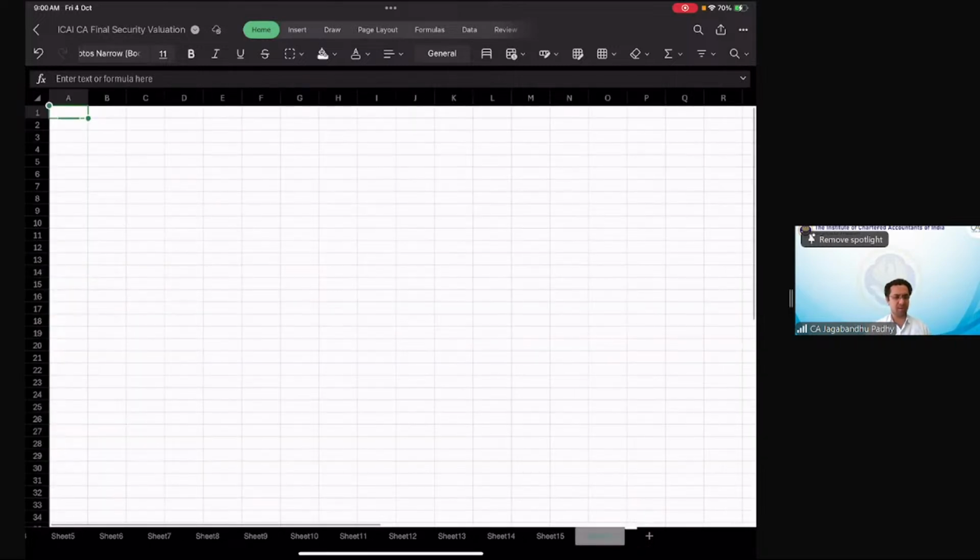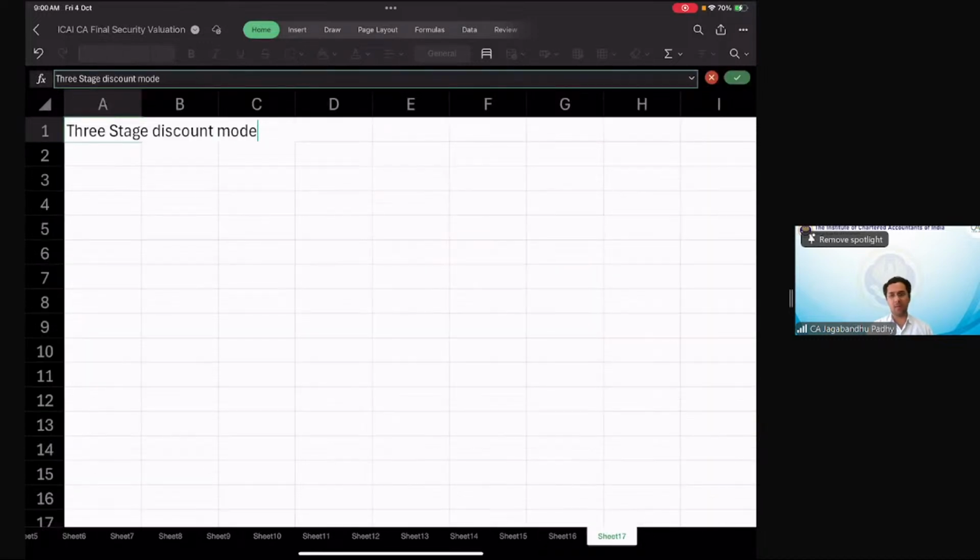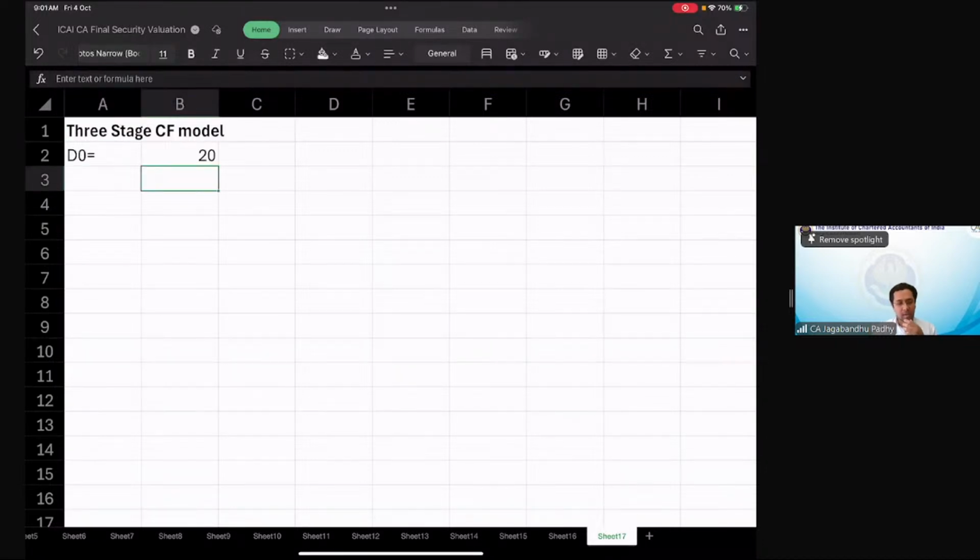So first aspect, let's say a three-stage cash flow model. Suppose the dividend currently has a value of 20 rupees per share.